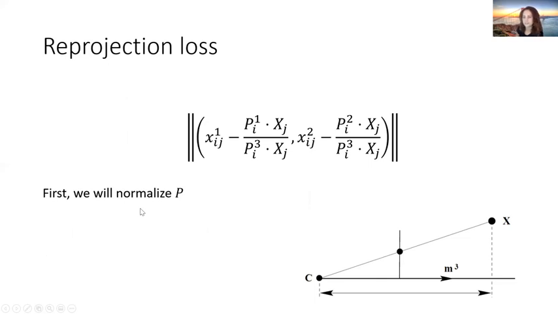What? Not always do you want to make this positive, only in the case that X is in front of the camera. Yeah, okay, that's a really good point, because in real life, for example, if you have a self-driving car, a lot of points of the world are behind you. However, in these data sets, it's very rare.